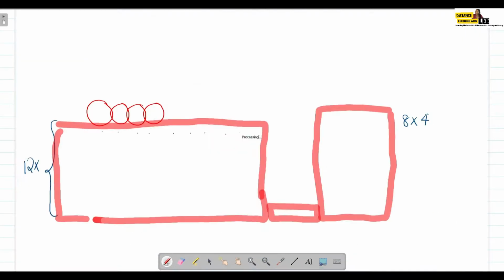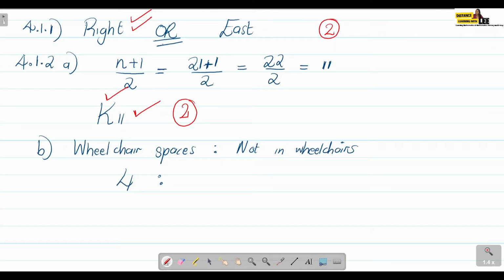And then we're going to add that to our ratio, which is 130, right? So now, wheelchair spaces, we've got 4 seats that are designated for people that are in wheelchairs, and then we've got 130 seats that have been designated, or assigned, for people that are not in wheelchairs.